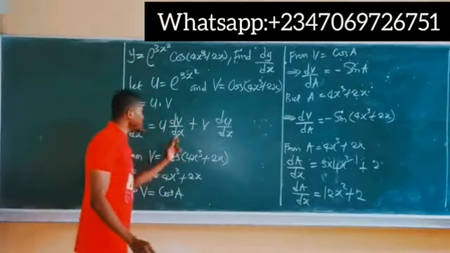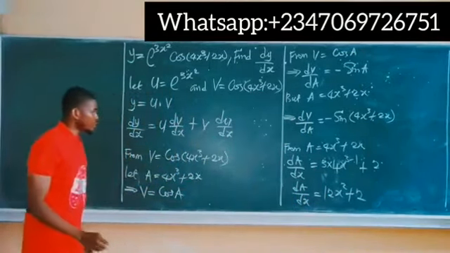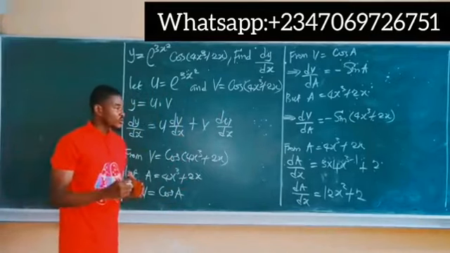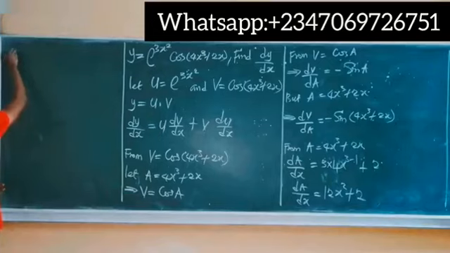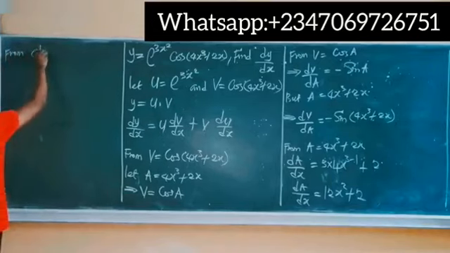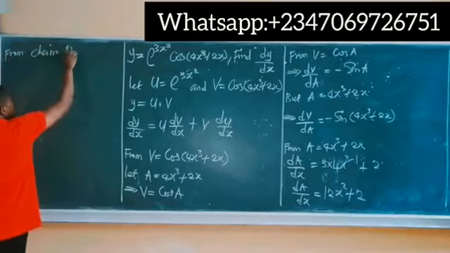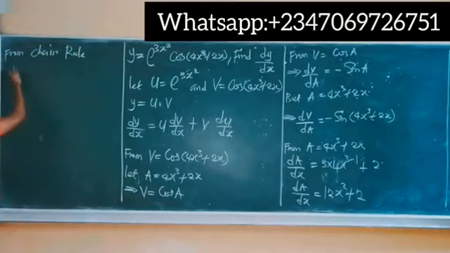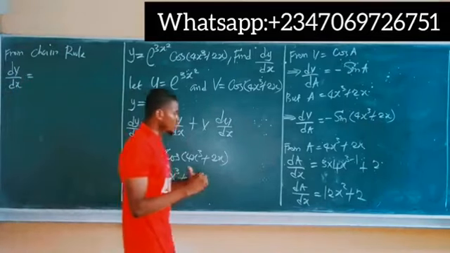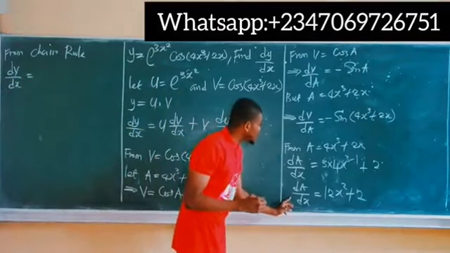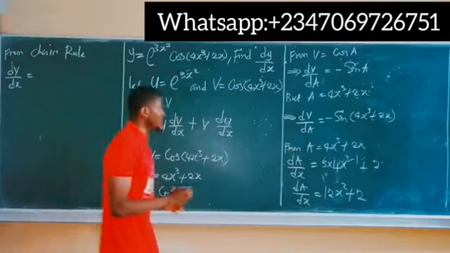Now, we can find dv dx from chain rule. So we employ chain rule to find dv dx. From chain rule, we simply have that dv dx is the derivatives multiplied together: da dx times dv da gives us dv dx.